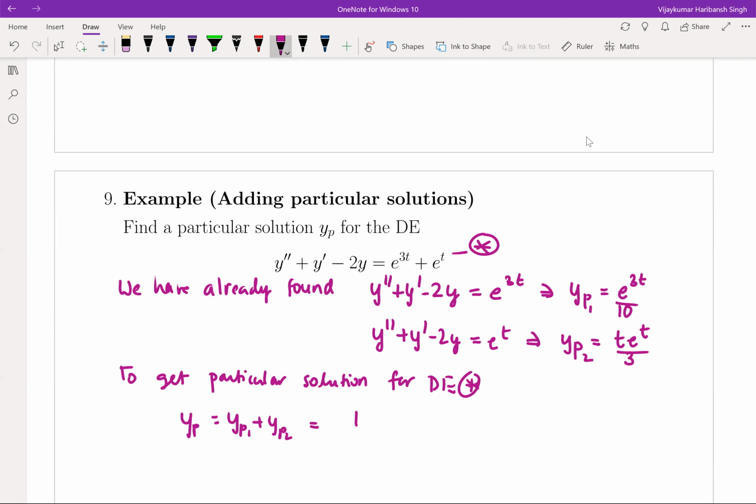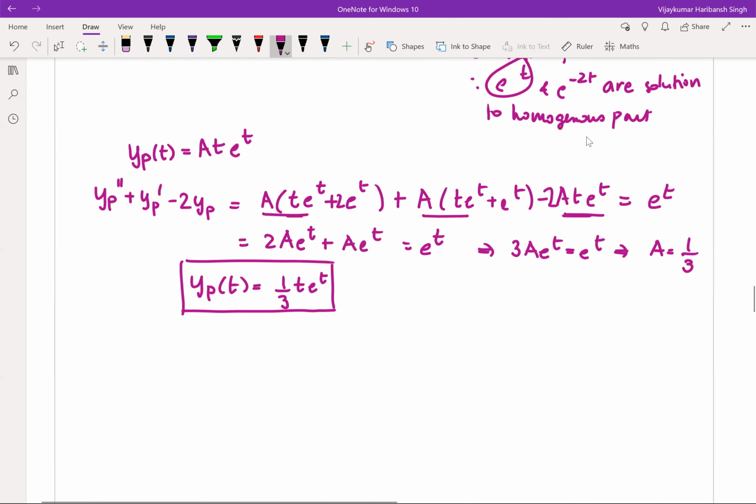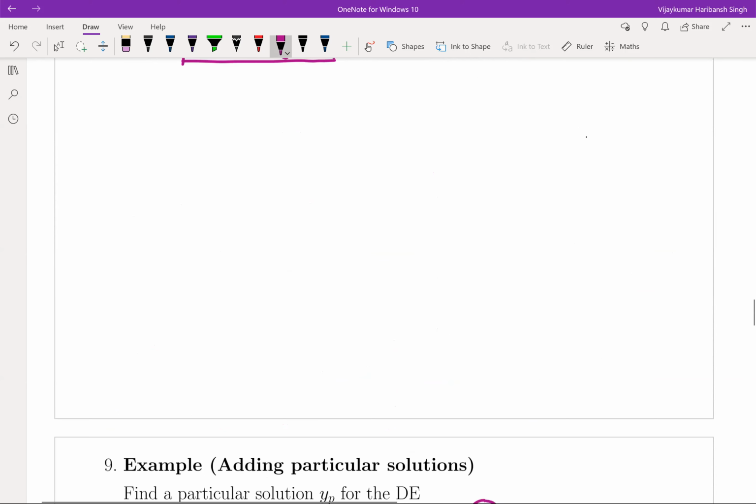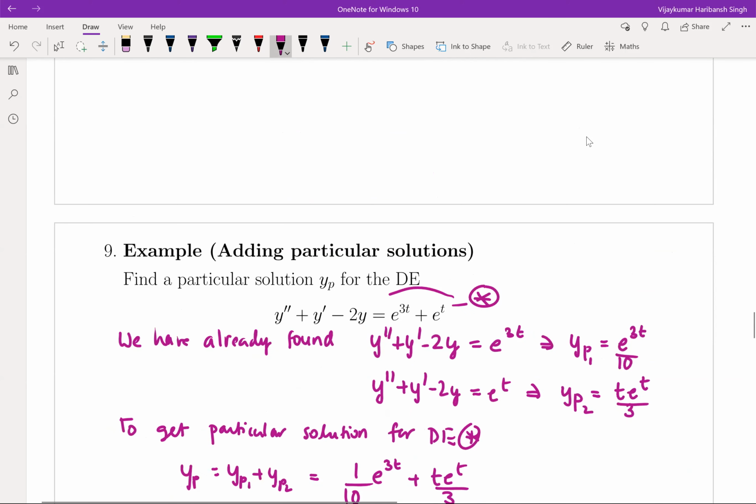So 1 by 10 e to the power 3t plus t e to the power t divided by 3. So this is how you get the particular solution for this one. So the point is, we first looked at simpler ones on the right hand side. Now if we combine them by adding, then you work each one separately, and then you add them up.